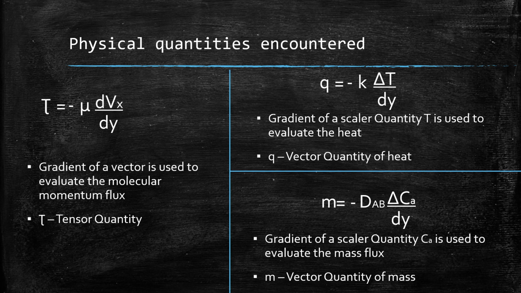However, in the momentum transfer equation, Newton's law, we have a gradient of a vector, Vx. Hence the tau, that is the shear stress that is being created, becomes a tensor quantity. A tensor quantity would have different values for different dimensions. So we'll come to it in the subsequent slides.